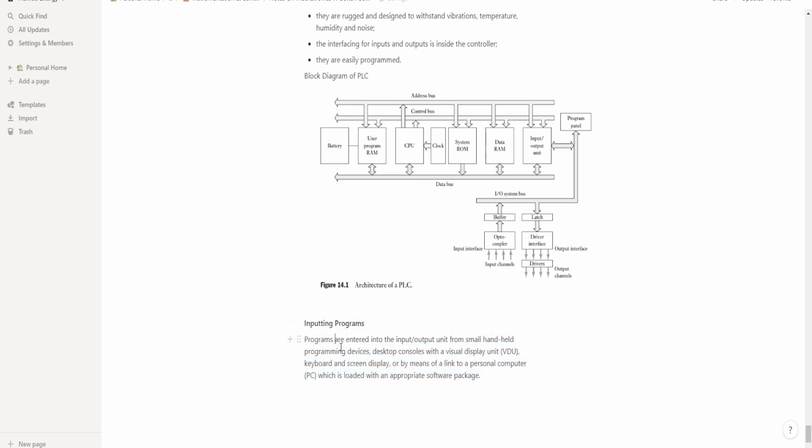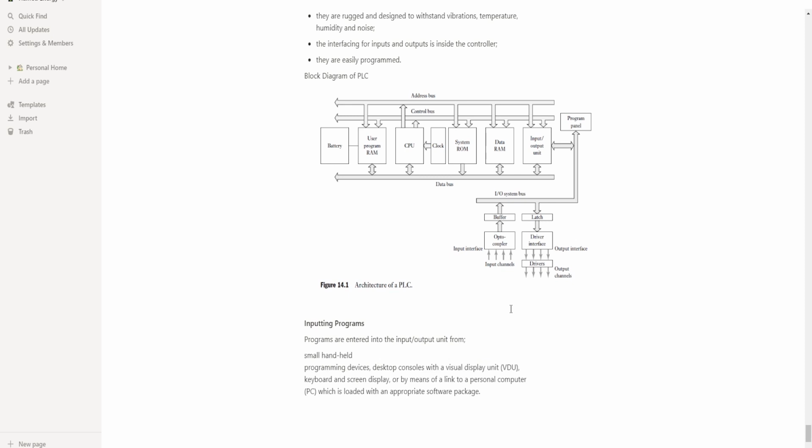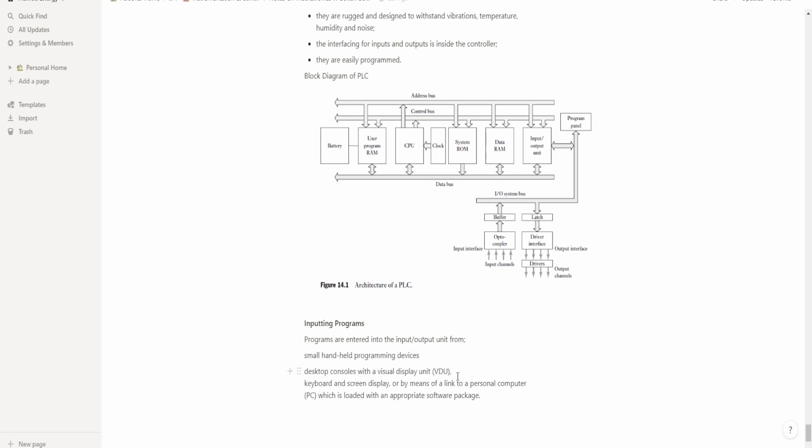The programs are from small handheld programming devices, desktop consoles, keyboard and screen display, or by personal computer, which is a PC.